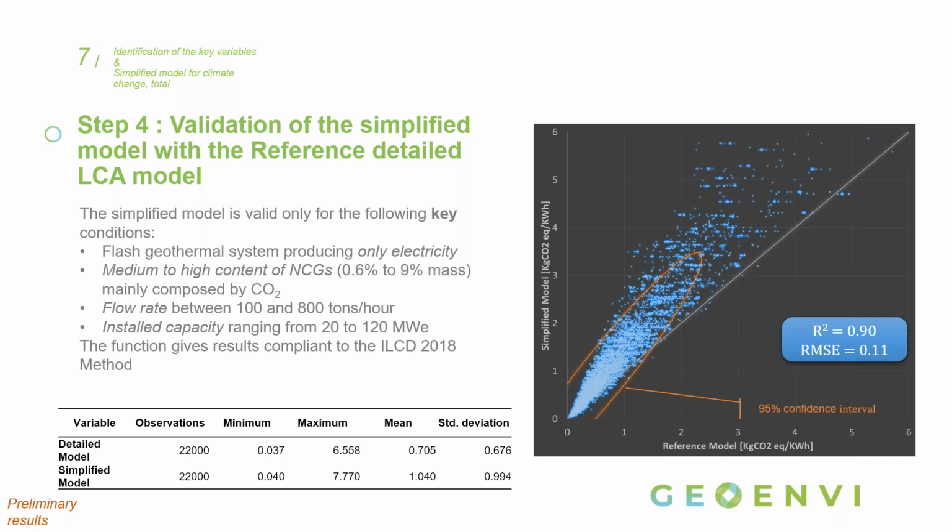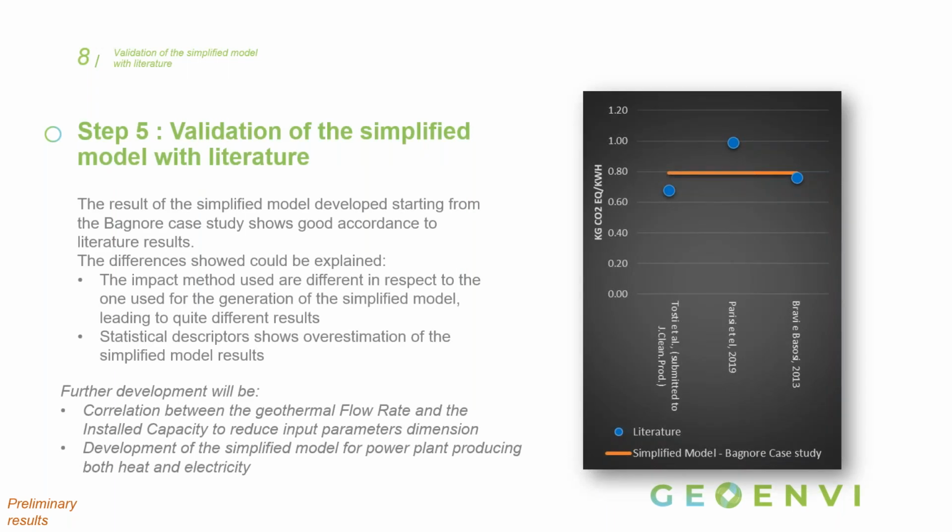I tested this model with literature, and the comparison gives good results. In fact, as you can see, the simplified model is very well aligned with the literature works, which take into account Italian power plants.